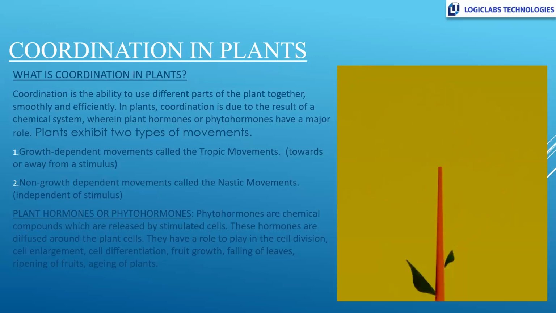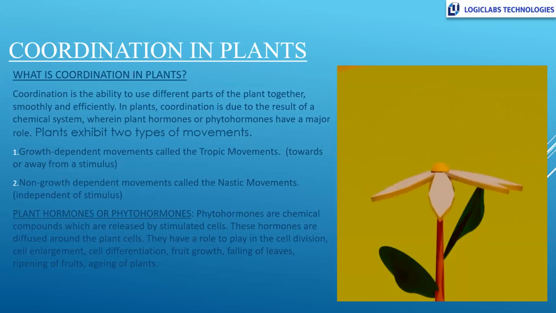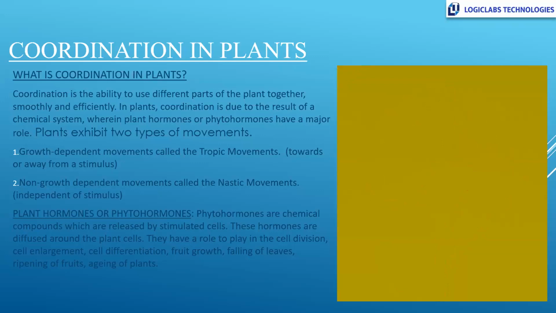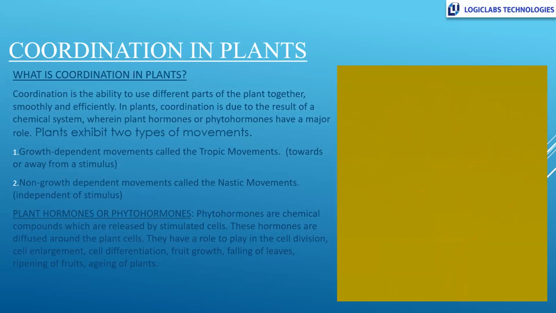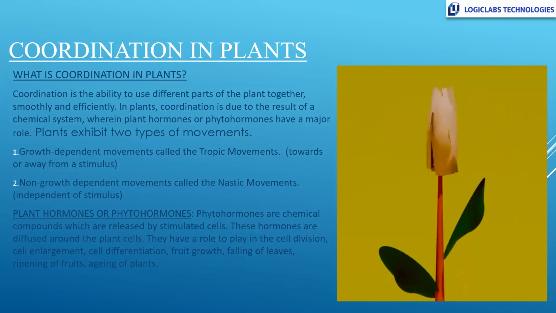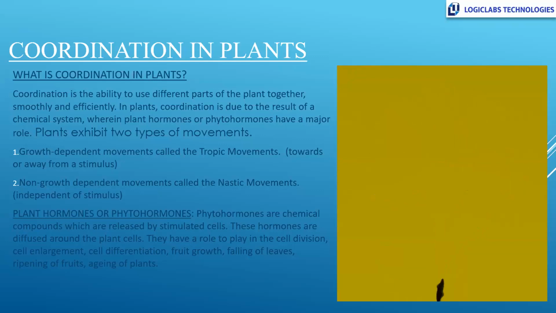These tropic movements, or the growth dependent movements, can be towards or away from the stimulus. As we already discussed, in humans also we have stimulus. In the same way, in plants also they have stimulus. So that is the growth dependent movement, or the tropic movements.